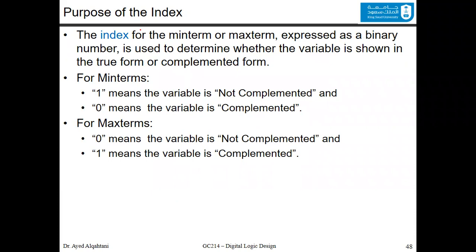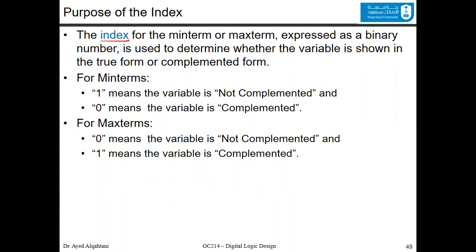The purpose of the index. The index that we have for the min terms and the max terms, expressed as a binary number, is used to determine whether the variable is shown in a true or its complemented form. So actually, it's a short way of getting the min term just by knowing the index.